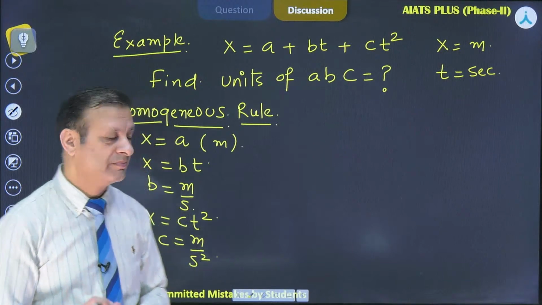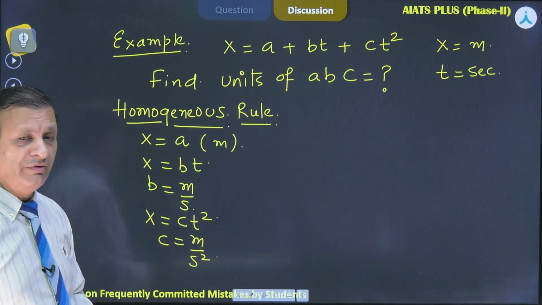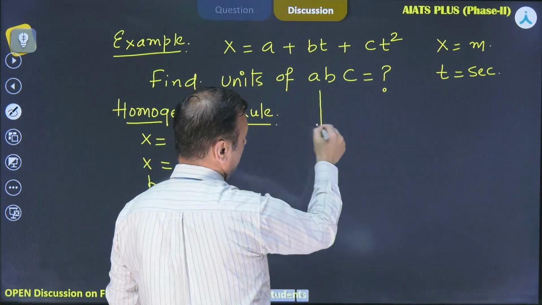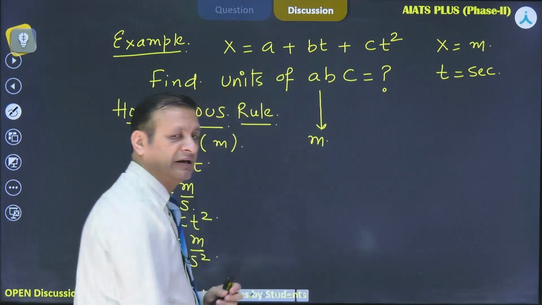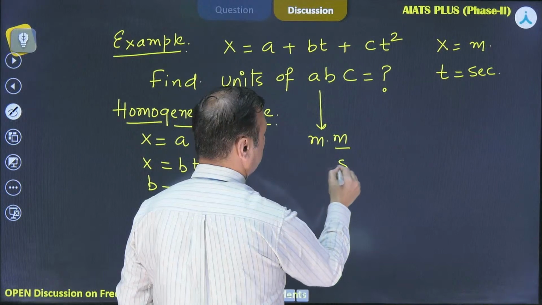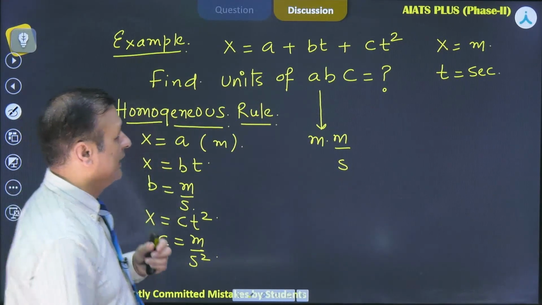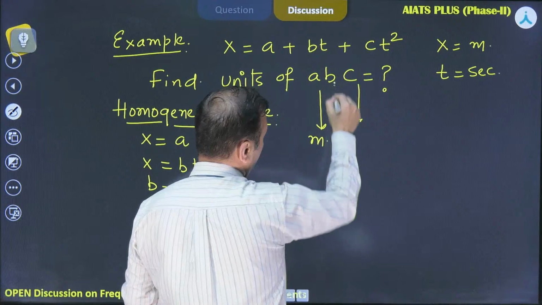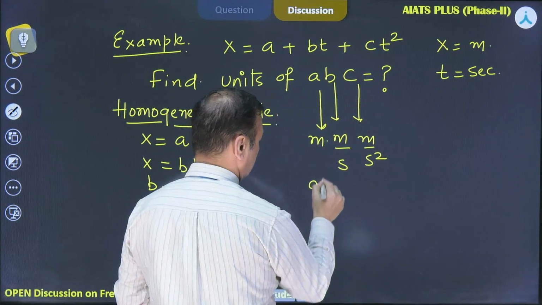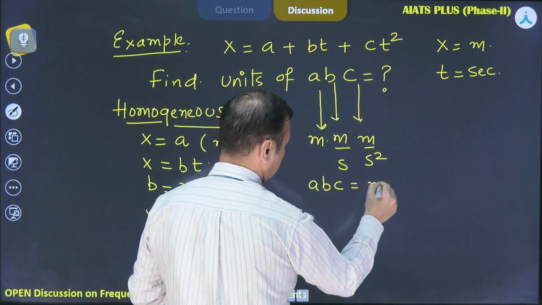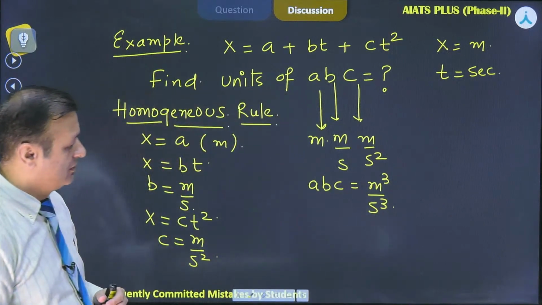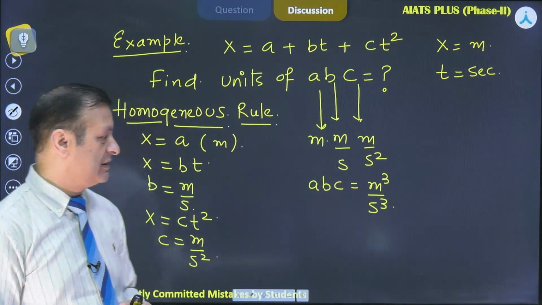So this is the units of C. Now we are supposed to find out A, B, C. So what is the unit for A? That is meter. Then what is for B? Meter per second. And what is for C? So C is meter per second square. So ABC becomes meter cube per second cube. Yes or no?